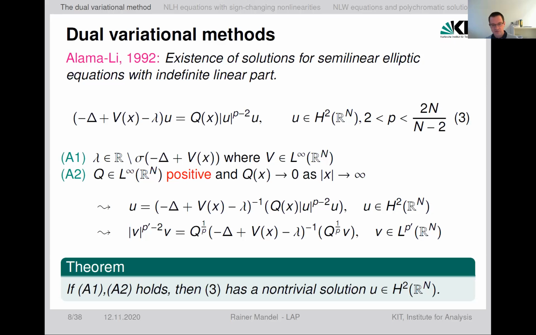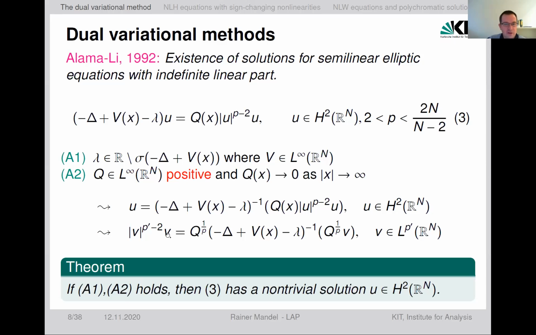So formally speaking, this is needed in order to make this substitution, because here you see some power. But okay, even this could be circumvented, but let me put it like that. This positivity ensures that you have a definite term here in front. And we will see that in the sign changing case, this will be different.